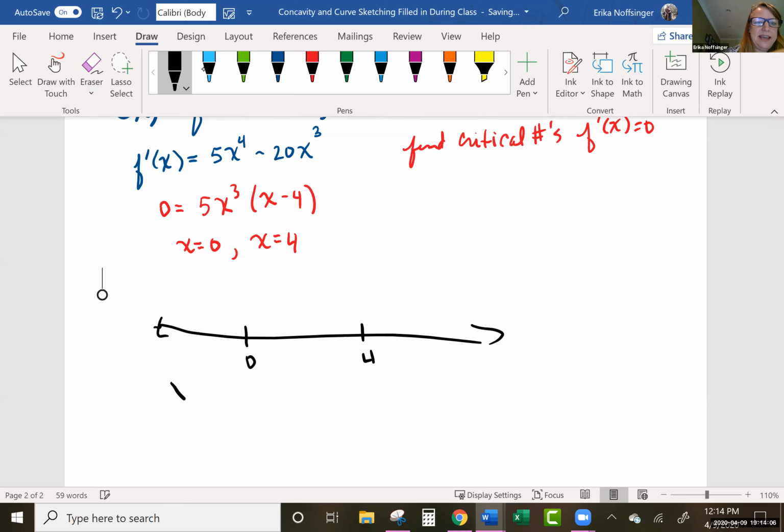So let's say x equals -1. And if we plug this back into the first derivative, this is equal to 5 times -1 to the 4th minus 20 times -1 cubed.